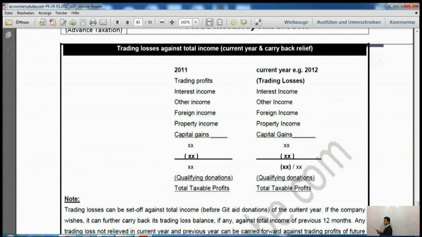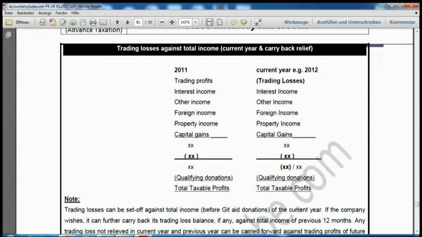So first you have to set off in the crunch year, then you can take it back to the previous 12 months. Any trading loss not relieved in the crunch year and the previous year can be carried forward. Now the carry forward option is always available. First you set off against the crunch year, then you can carry it back. If that does not relieve it, then you can carry it forward. So trading losses can be set off against the total income of the crunch year.